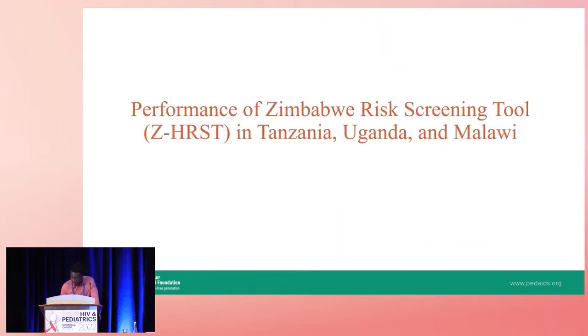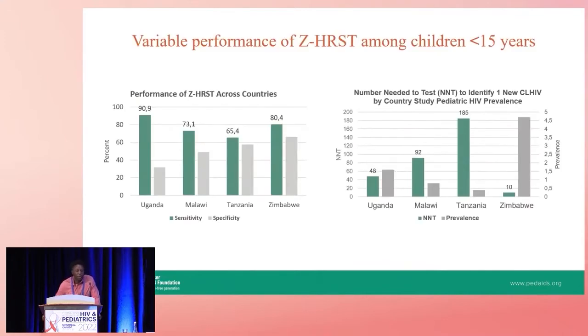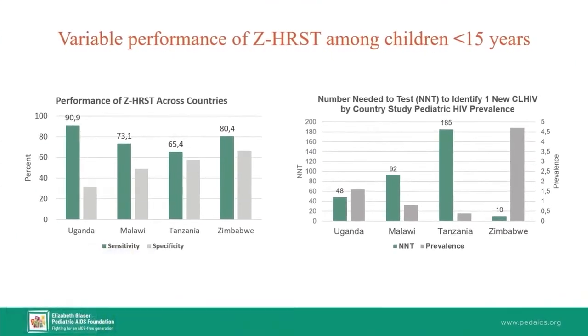So evaluating the tool between the 3 countries, we see that in Uganda, sensitivity was 90.9%, in Malawi 73%, and 65% in Tanzania. While the tool, as evaluated in Zimbabwe, had 80% sensitivity.